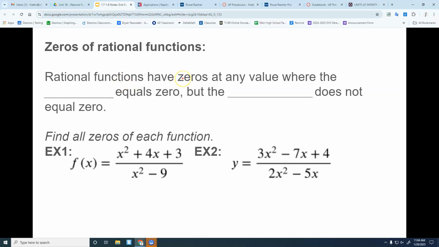Rational functions have zeros, which remind me again, what's a zero? X-intercept. At any value where the numerator equals 0, but the denominator does not equal 0.